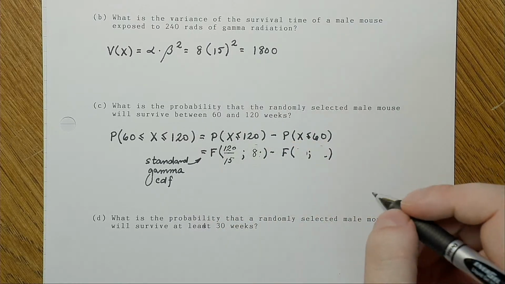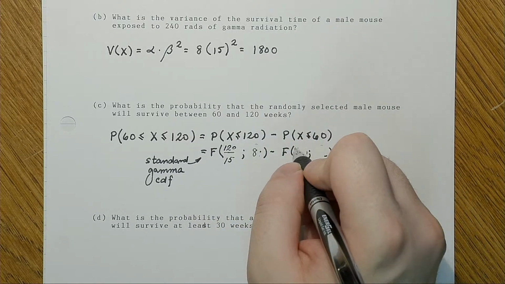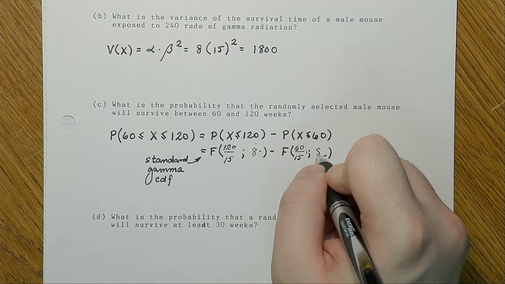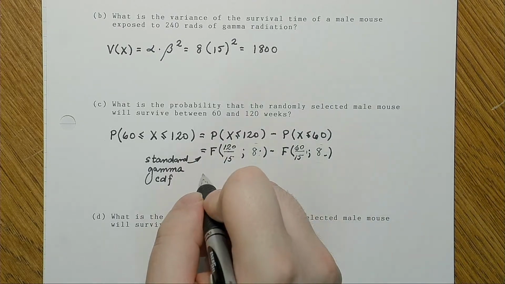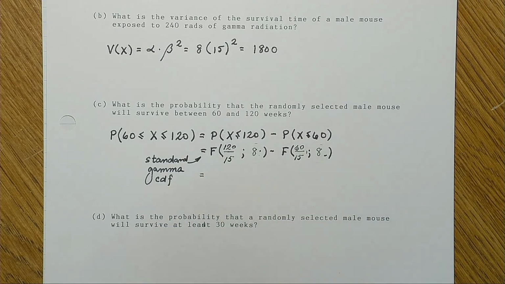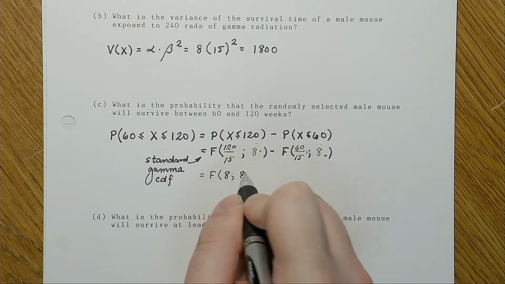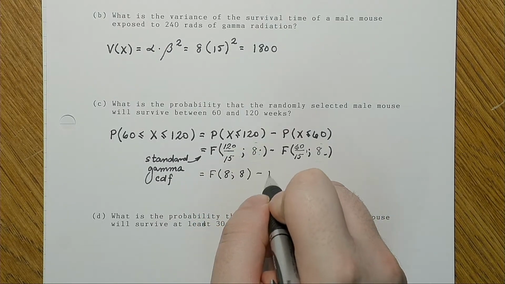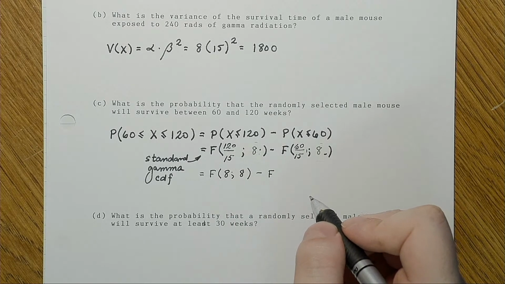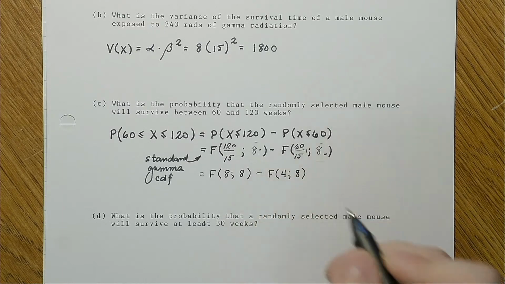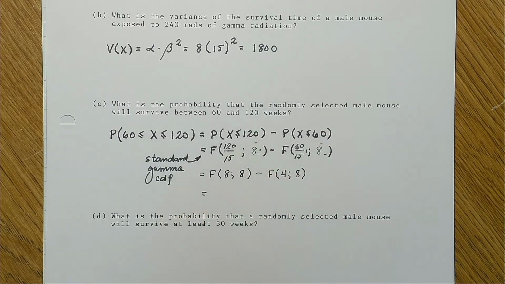Does that answer the questions in the chat? 120 over 15 gives me 8. Okay, perfect. And I have 60 over 15, which is 4. So again, I look up my table here.